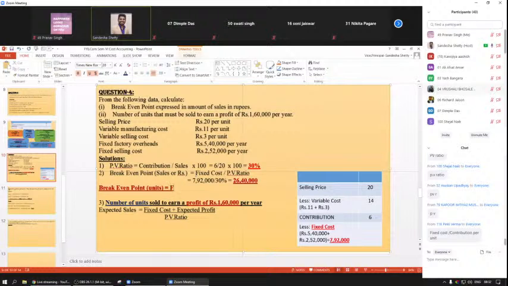Your answer would be fixed cost divided by contribution per unit. ये आपका formula होता था अगर break-even point units में पूछते. So please remember, break-even point in units में पूछेंगे तो contribution per unit होता है. Correct.